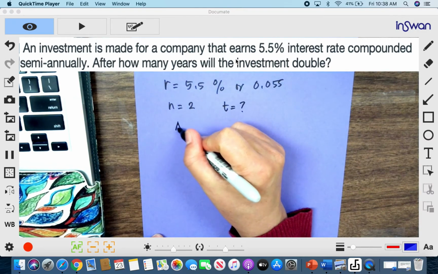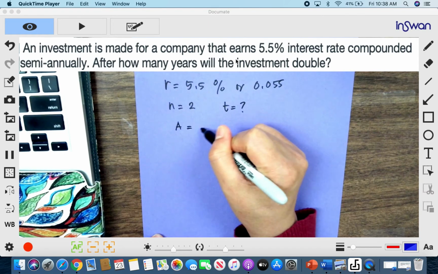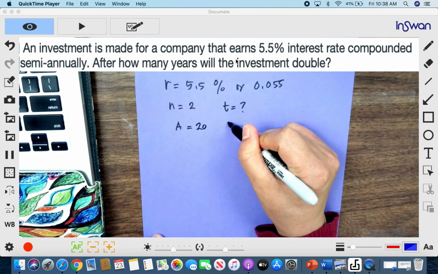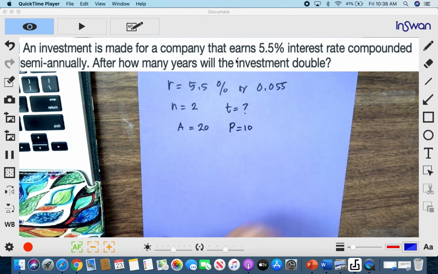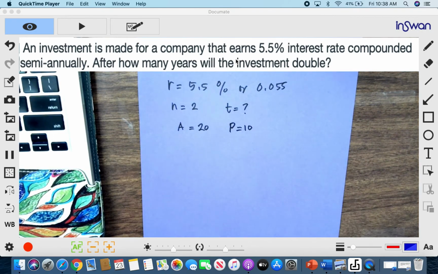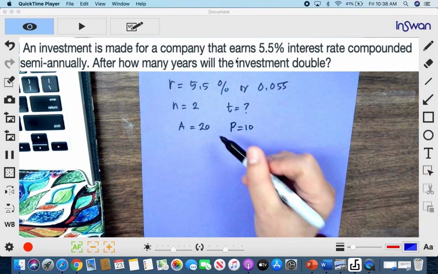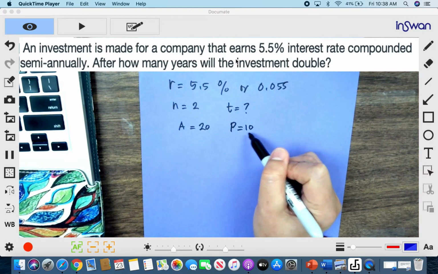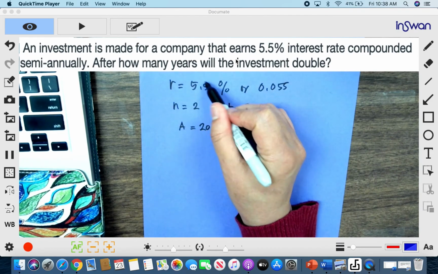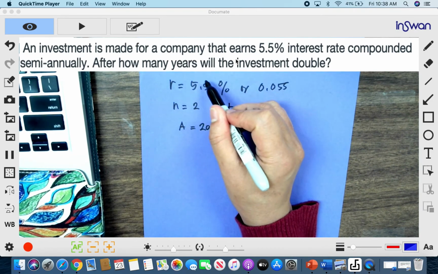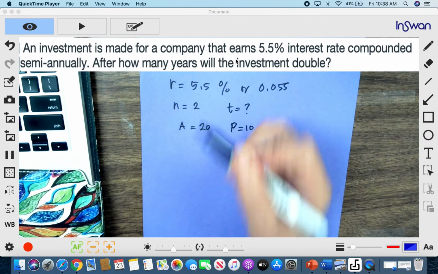So let's say I'm going to make use of our future value to be 20. Therefore, my principal is 10. I'm just showing it to you that the amount will double in such time as long as your rate of interest is not changing. So this is supposed to be constant.